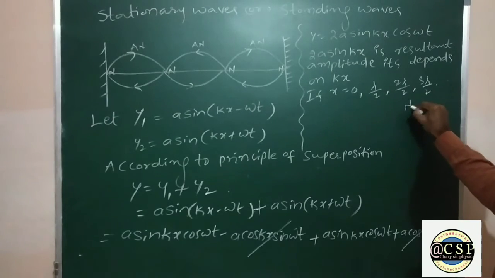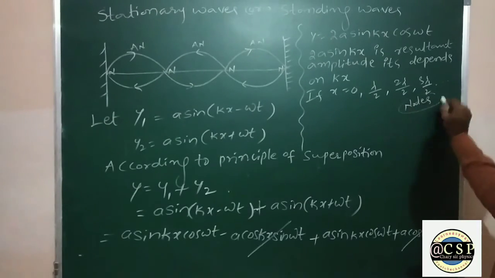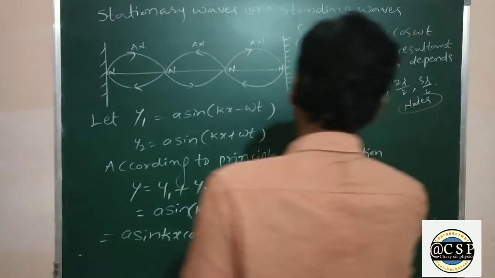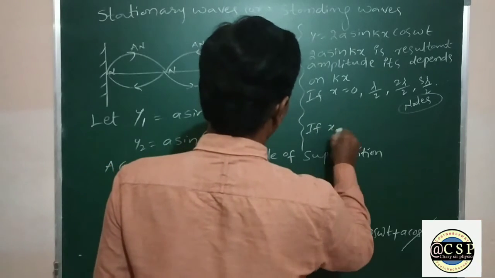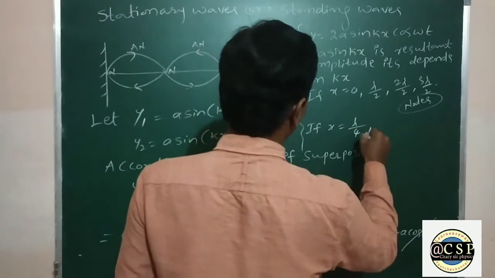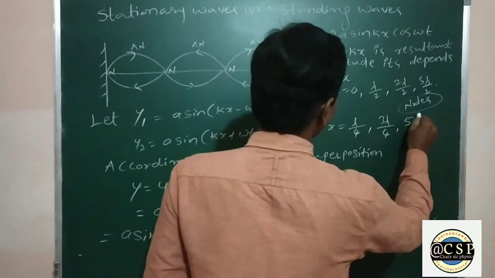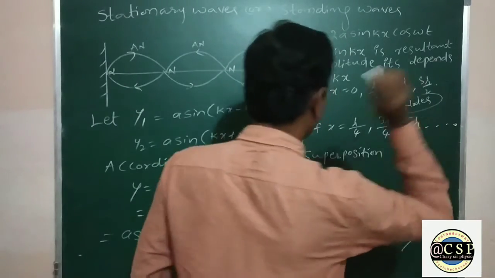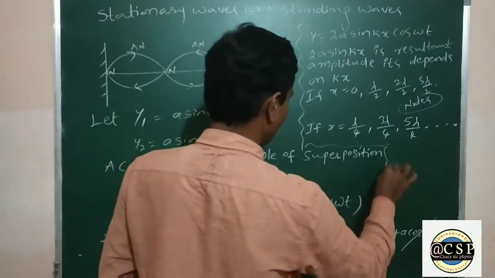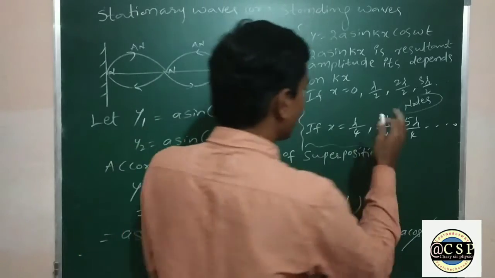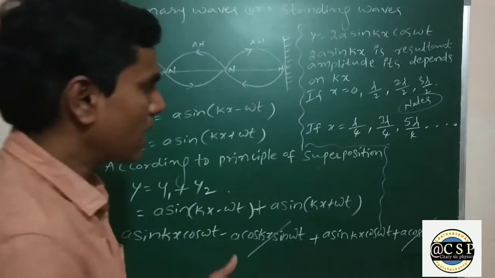If x equals lambda by 4, 3 lambda by 4, 5 lambda by 4, and so on, then the vibrations of the particles are maximum.